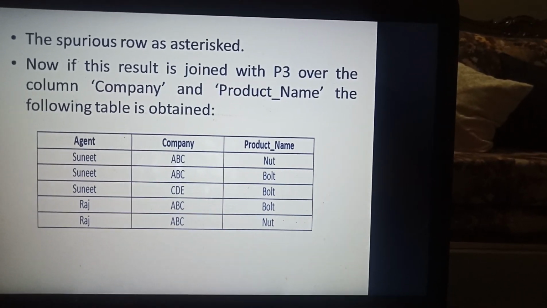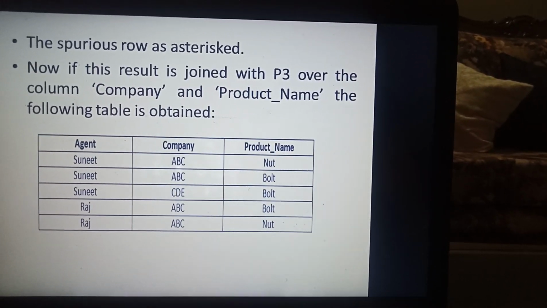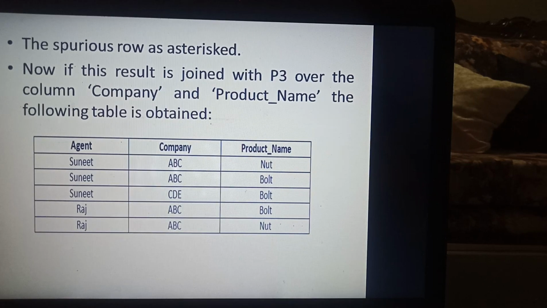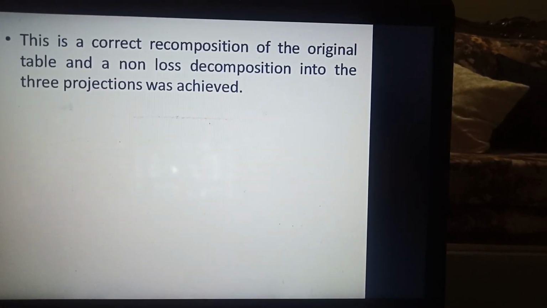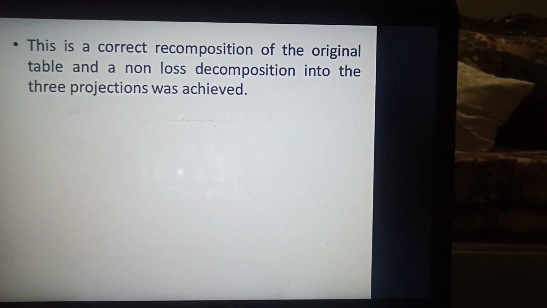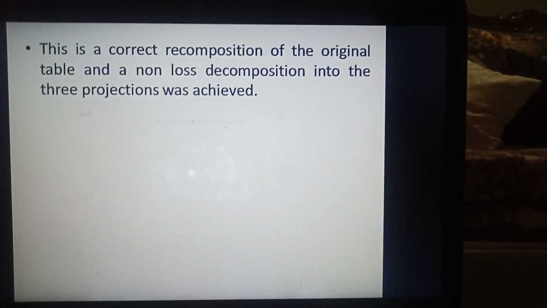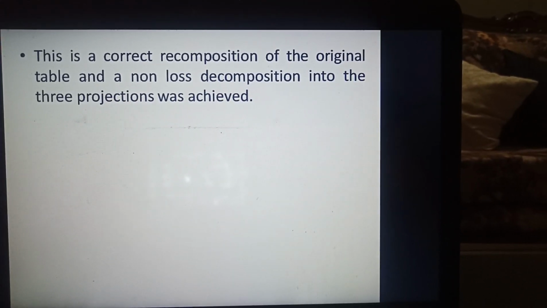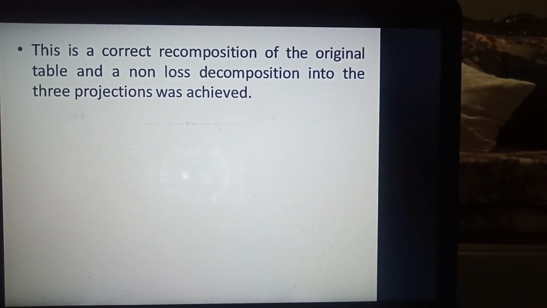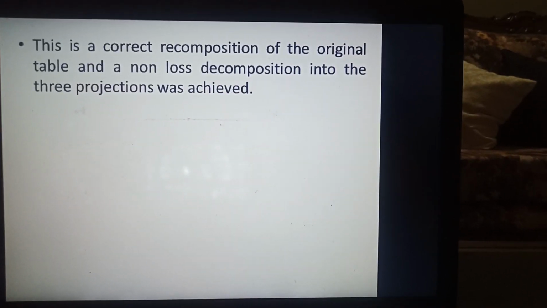Now as you can see, this table has no spurious rows, so we can say that this is the correct recomposition of the original table, and a non-loss decomposition into the three projections was achieved.